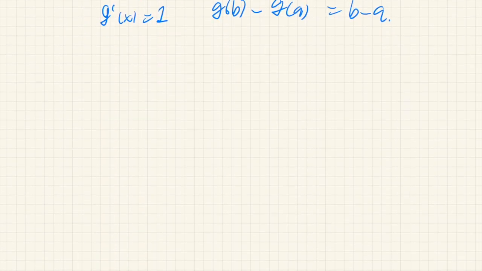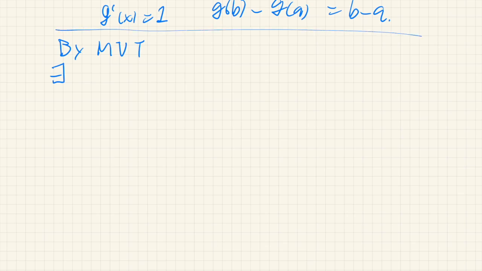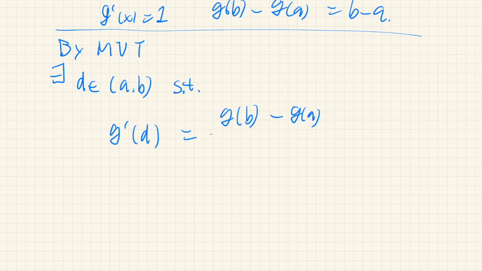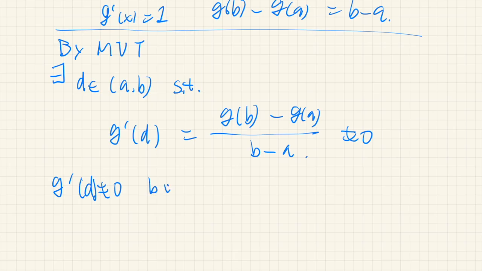So that means, by the mean value theorem, there exists some d between a and b such that g prime of d is equal to g of b minus g of a over b minus a. Okay, and this is non-zero by assumption.